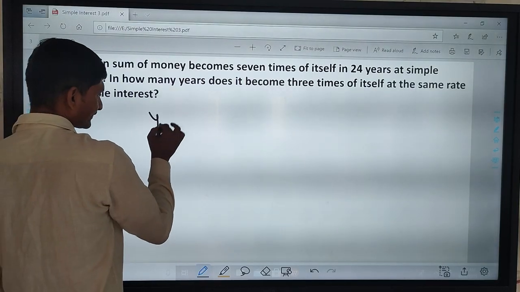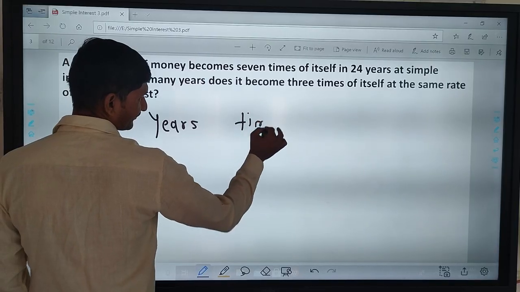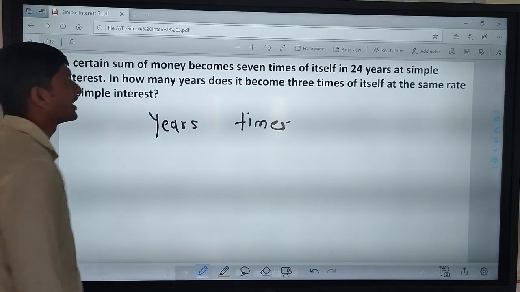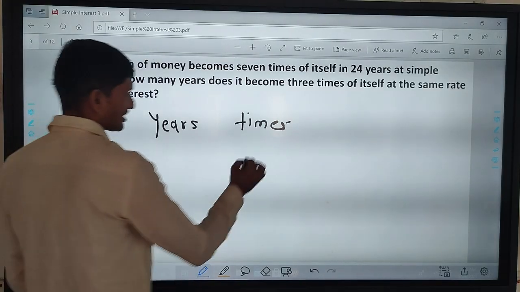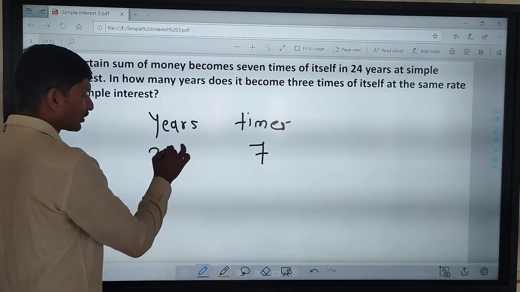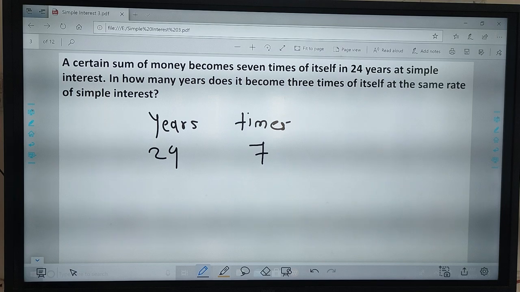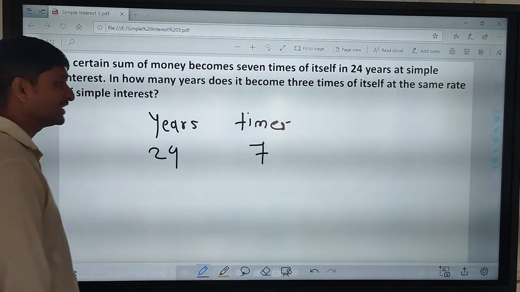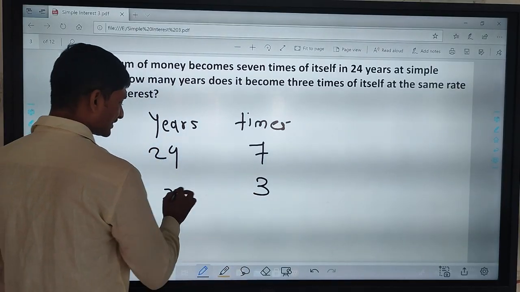Here we write years and times. Your money becomes 7 times in 24 years. In how many years does it become 3 times?